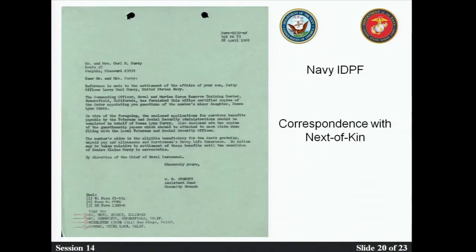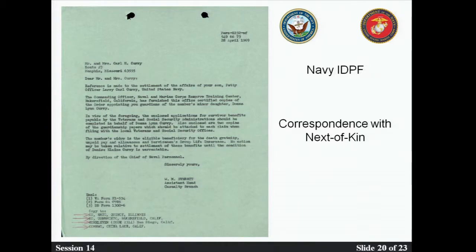The next slide, slide 20, shows the letter that was communicated as a result of the analysis and work done by the Navy and their legal department and so forth. This letter was then sent to the father of the petty officer. He and his wife, in effect the daughter's grandparents, became their legal guardian.